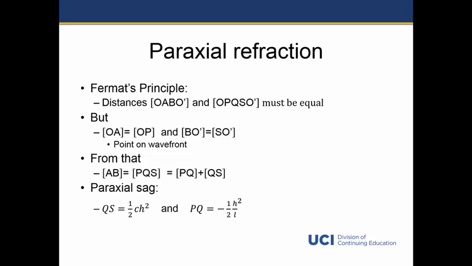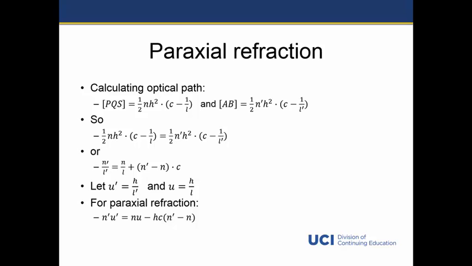And we can see that the ratio of the second index to the image distance, n prime over l prime, is equal to the ratio of the index in object space divided by the object distance, plus n prime minus n, the change in index, times the surface curvature. And again, we're not going to deal with angles directly, we're just going to think about slopes. And our slopes in object space and image space are related to the height of the object and the object distance, or the height of the image and the image distance.